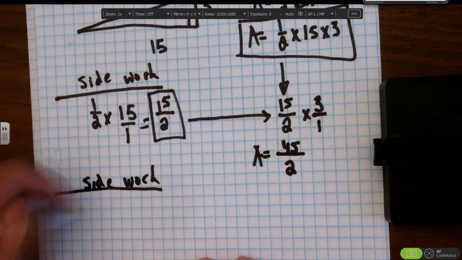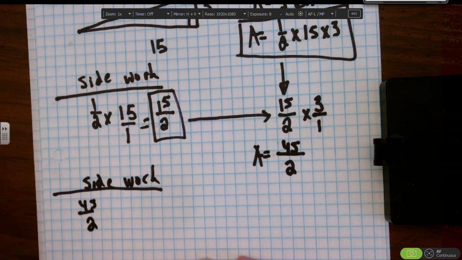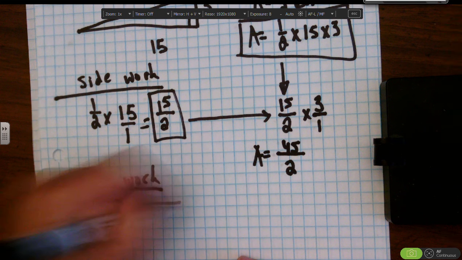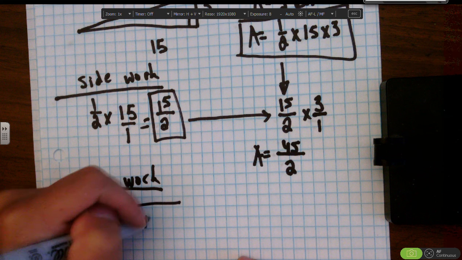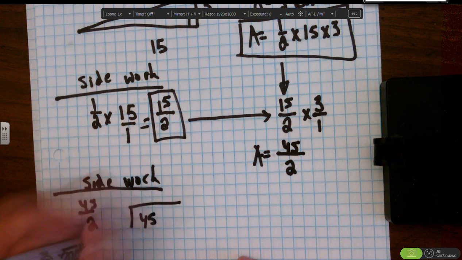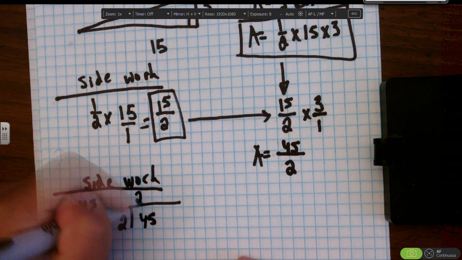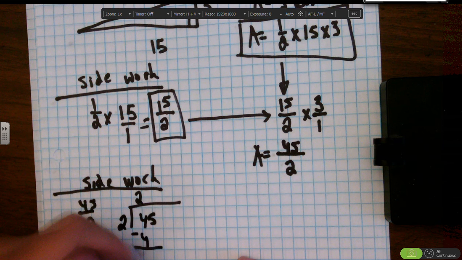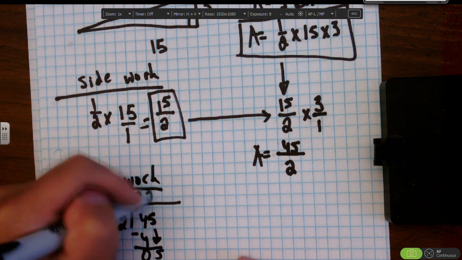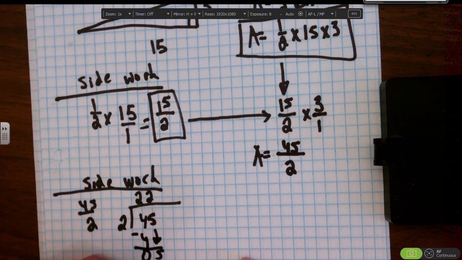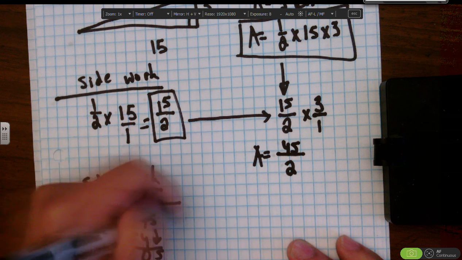I'm going to get 45 over 2, and I'm going to divide to see what this is simplified. So 2 goes into 4 2 times. I bring down my 5. 2 goes into 5 2 times, and I have a remainder of 1. So what I could do is this.